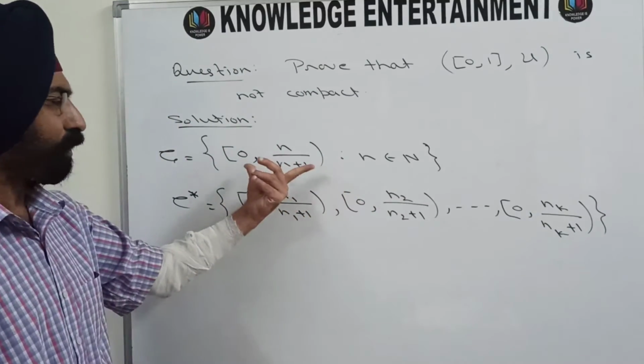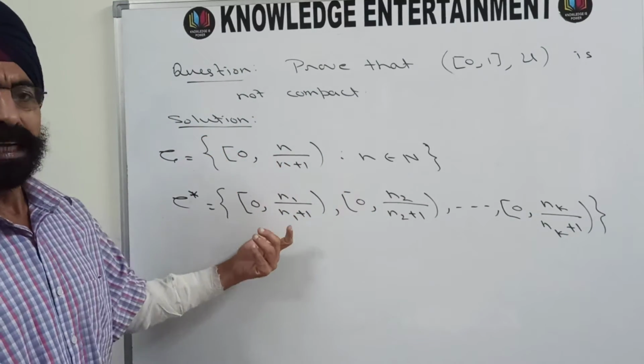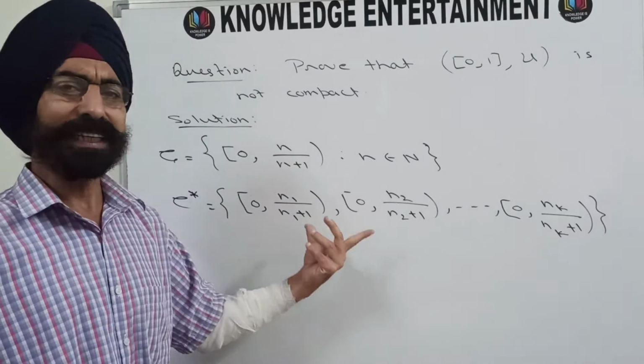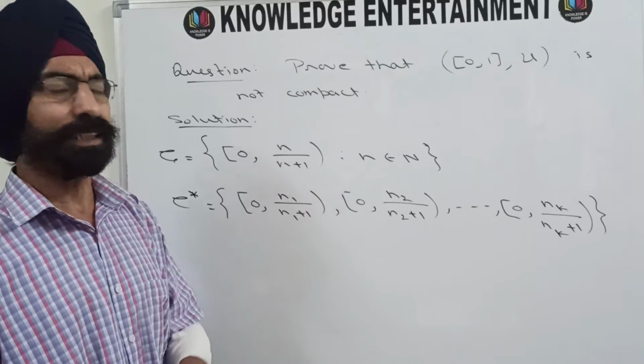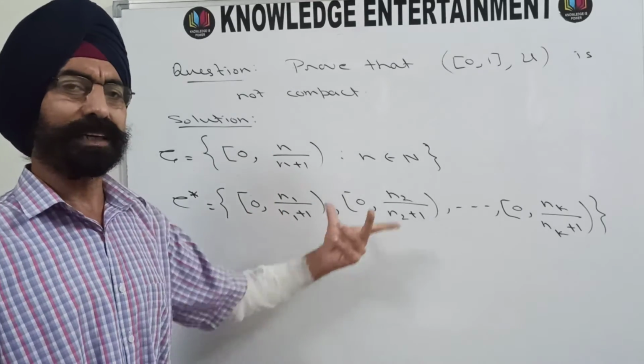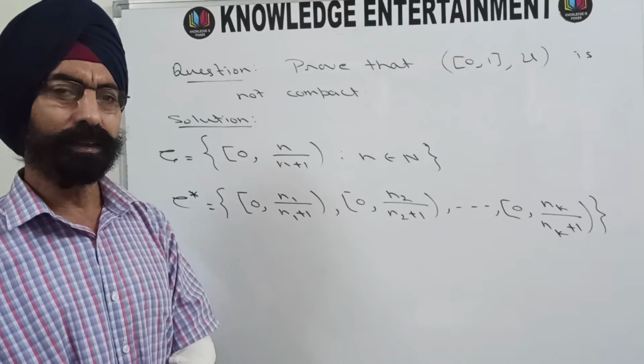These are a finite number of members taken from C. If it is a finite subcover of C, then it must cover the closed interval [0, 1], which is not the case.